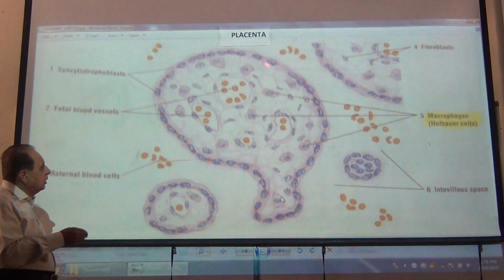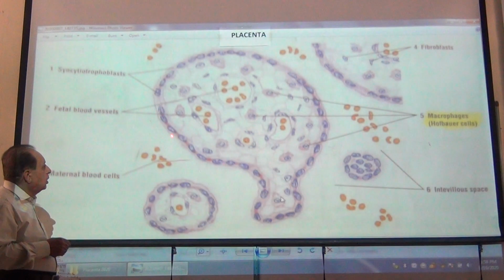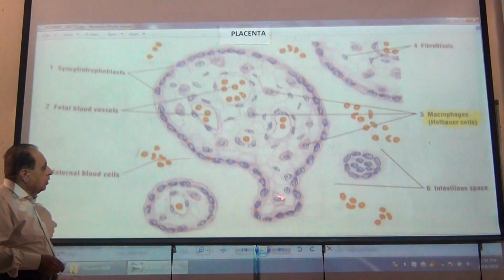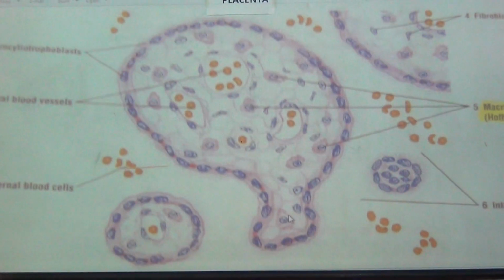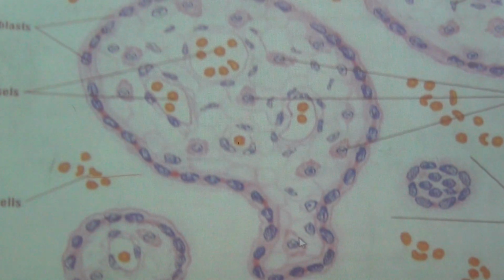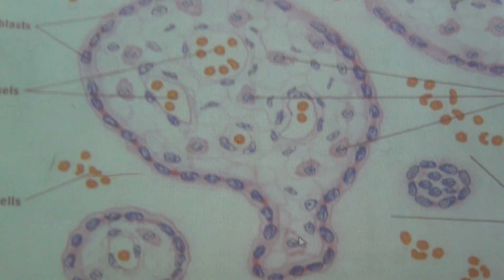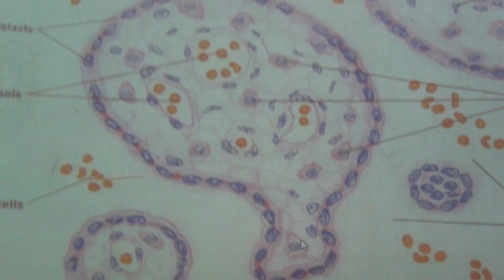So the syncytiotrophoblast creates the gonadotropic hormone, and this hormone stimulates the corpus luteum, which produces estrogen and progesterone.